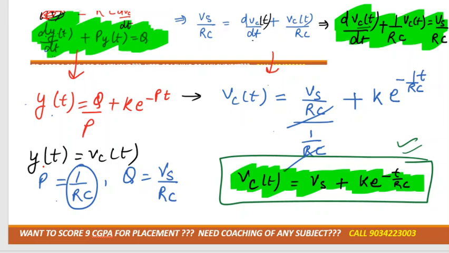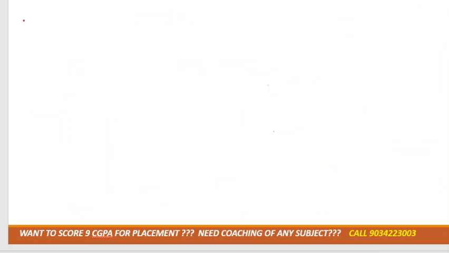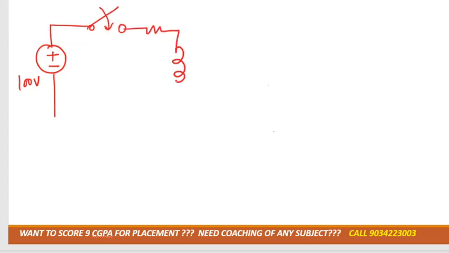Now after this, that was the DC circuit with the capacitor, right? Now we'll have, suppose, an RL circuit. We can have an RL circuit as well, with 100 volt. I'm giving the values: resistor and inductor.